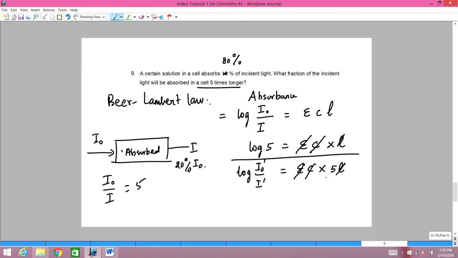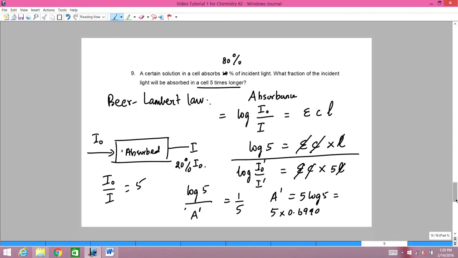So, log 5 by A prime, due to the 5 times longer length, is 1 by 5. Therefore, you can calculate A prime as 5 times log 5. Log 5 is 0.6990, so you have 5 times 0.6990.